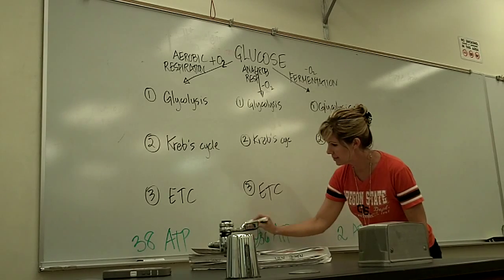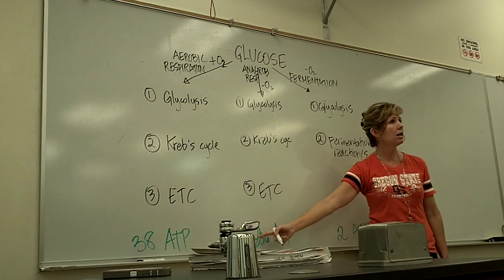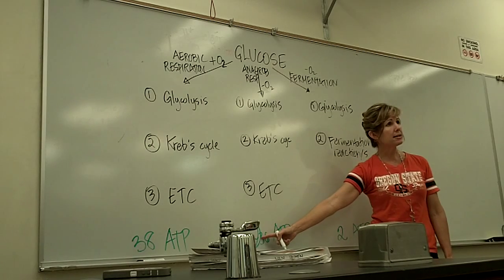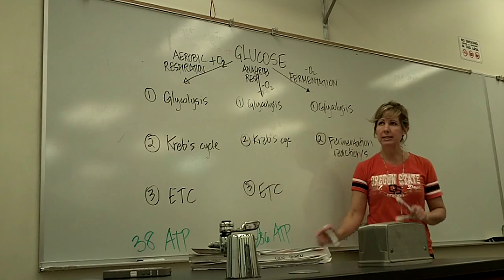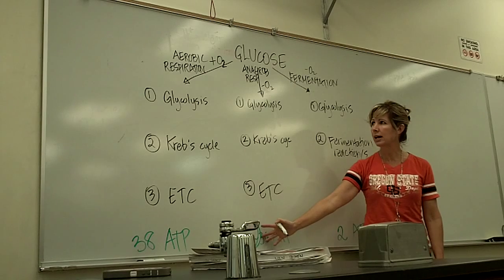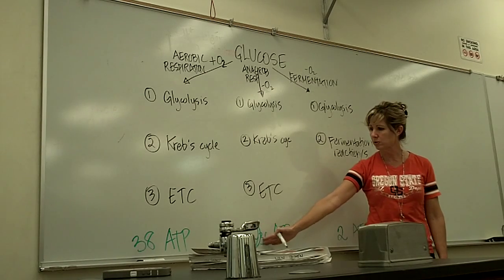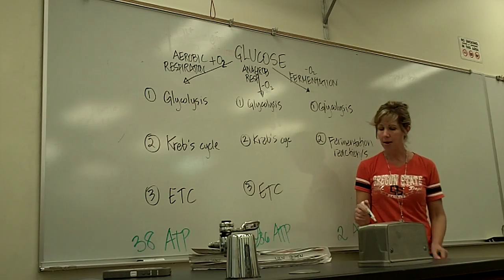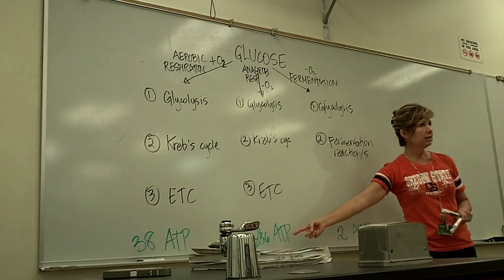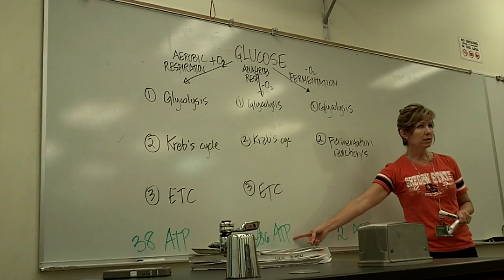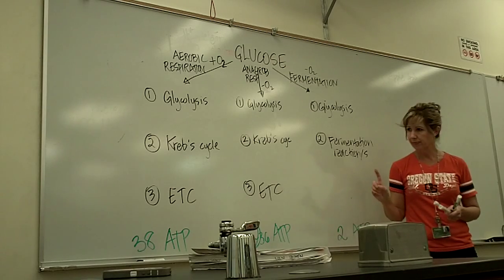However, for our class, we're really going to focus on it not being as efficient as aerobic. So we'll just simplify it to say it's never as efficient as aerobic, and so we'll just say it produces 2.